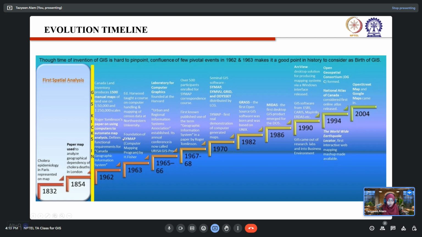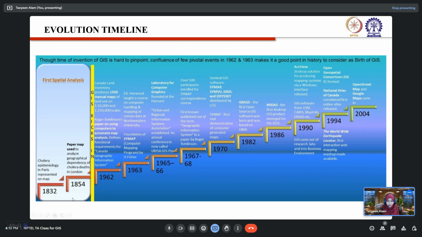Now, through different timelines, the invention of GIS is hard to pinpoint. The confluence of a few pivotal events in 1962 and 1963 makes it a good point in history to consider as the birth of GIS. So here, what we are seeing is that the first spatial analysis actually took place in 1832 to 1854, which was way older.